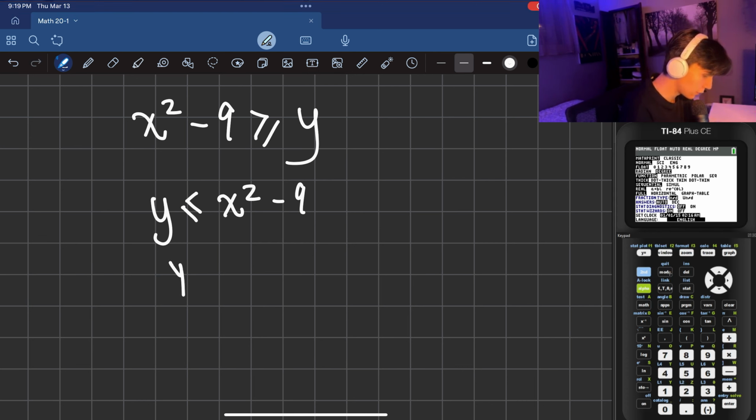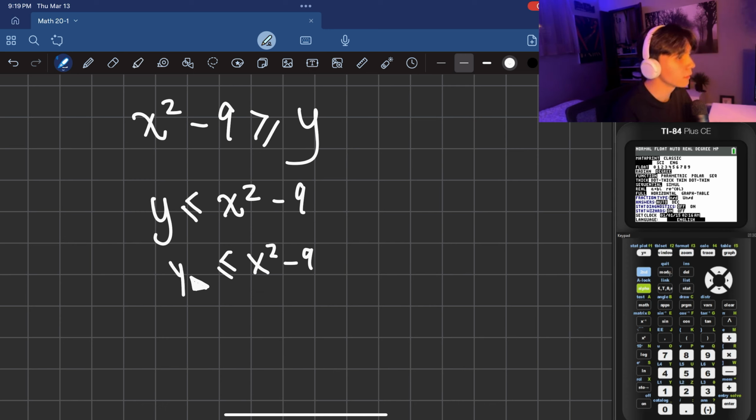And let's just do this. So y is less than. So we're just going to be using this bottom triangle here. Remember? Or equal to x squared minus 9. So just plug this in your calculator. It should look like this. X squared minus 9. And we're going to be using the bottom triangle again.